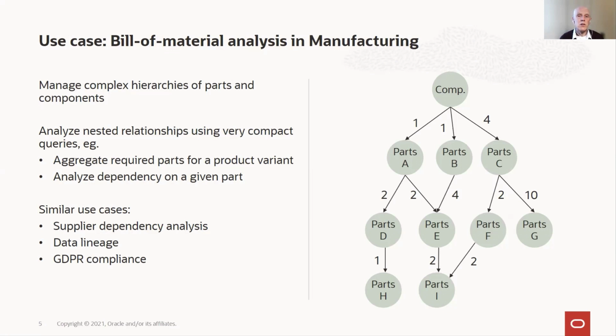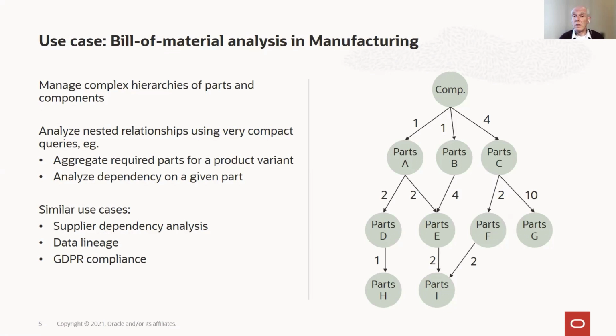Graph databases are very good at search or aggregation along the hierarchies, and can help you, for example, determine whether the parts in stock are sufficient to build a certain number of products or the like. And the resulting queries, which you would use to do this kind of analysis, are usually pretty compact and therefore easy to maintain. I will show you examples later on.